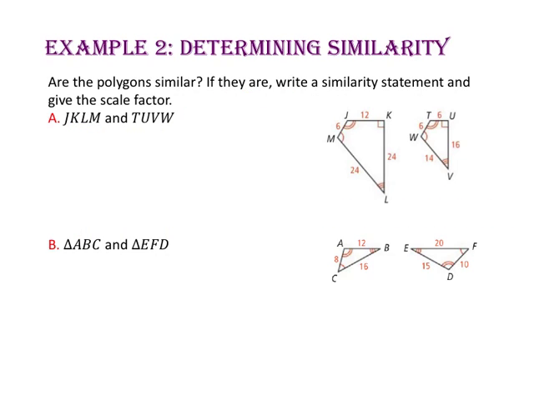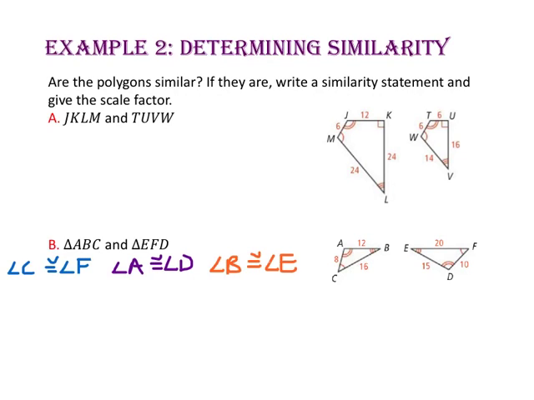For part B, let's start again by identifying the congruent pairs of angles. Notice that angle C is congruent to angle F, angle A is congruent to angle D, and angle B is congruent to angle E. Since all three pairs of corresponding angles are congruent, let's move on and compare the ratios of the corresponding sides.